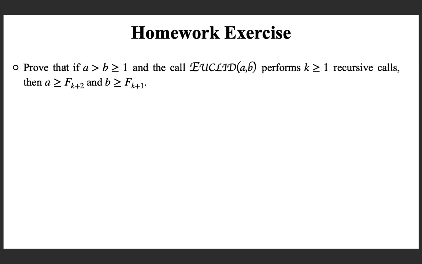If we call Euclid A, B and it performs k recursive calls, in the previous case k was 4, then you can prove that the value of A must be greater than or equal to the k plus 2th Fibonacci number, and the value of B must be greater than or equal to the k plus 1th Fibonacci number. And if you prove this theorem, then you can say what is the complexity of Euclid's algorithm for finding GCD.